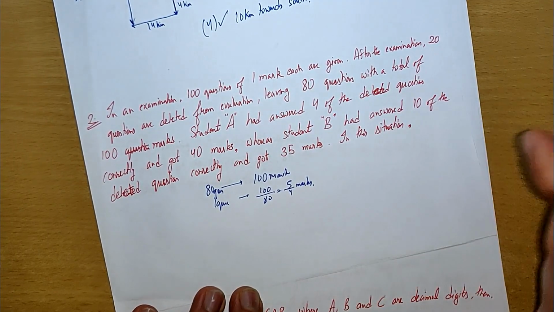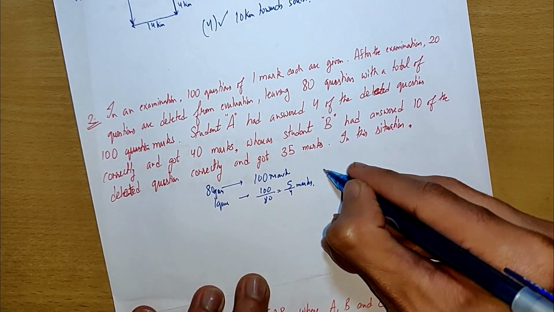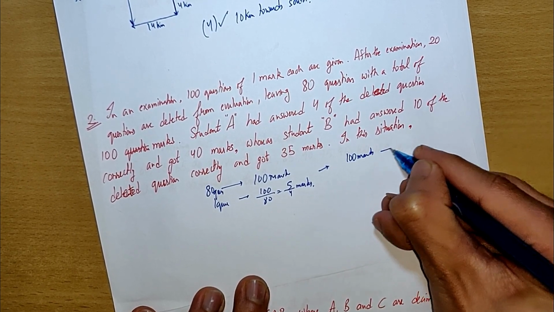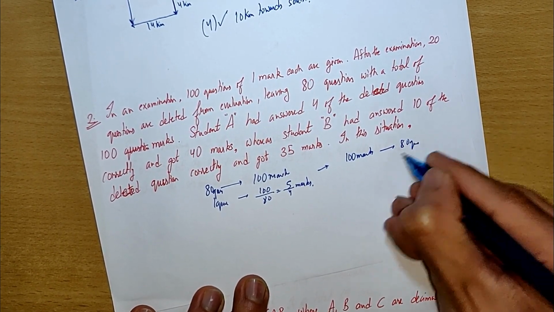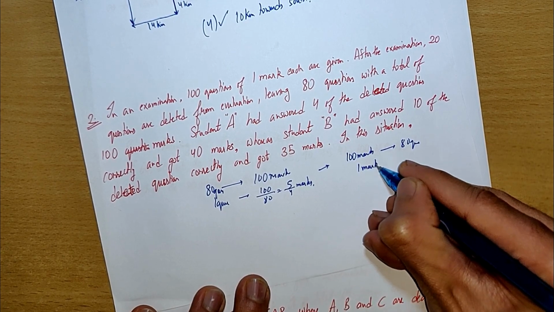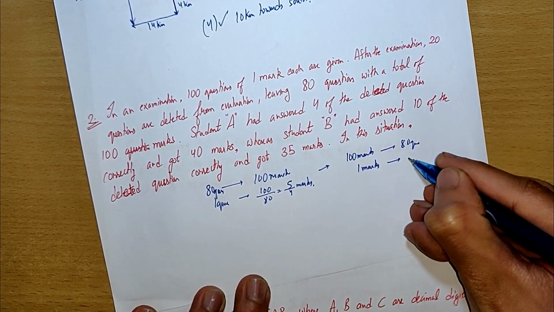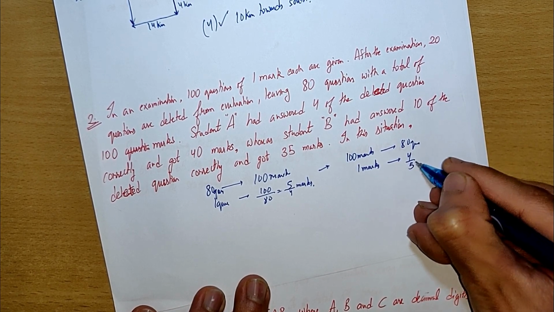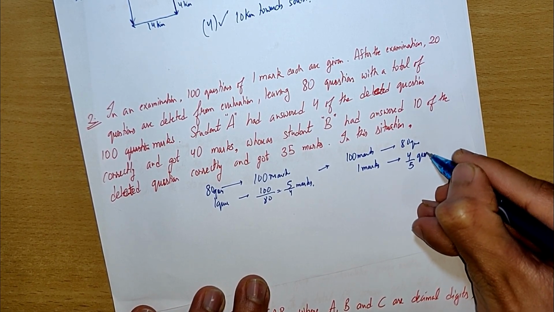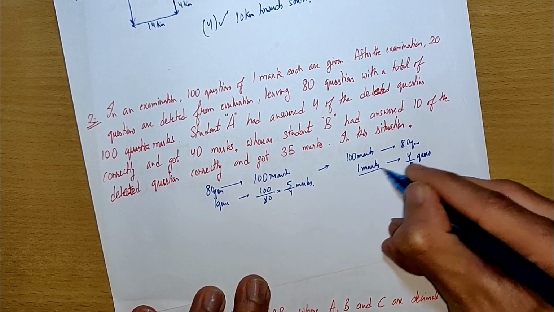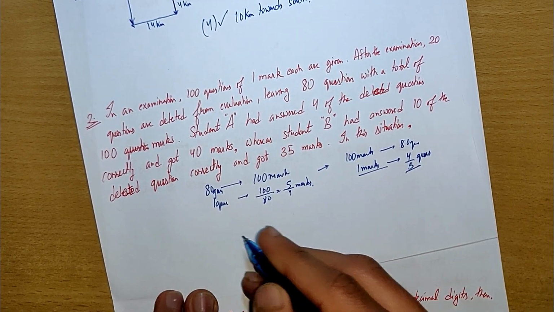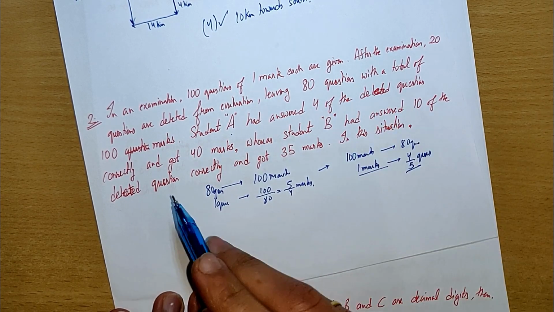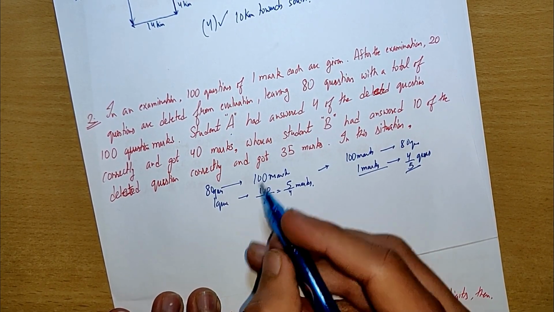Or we can write in this way: 100 marks, 80 questions. So 1 mark would be of 4 by 5 questions. So 4 by 5 questions would carry 1 mark. Now student A has answered 4 of the deleted questions correctly and got 40 marks.